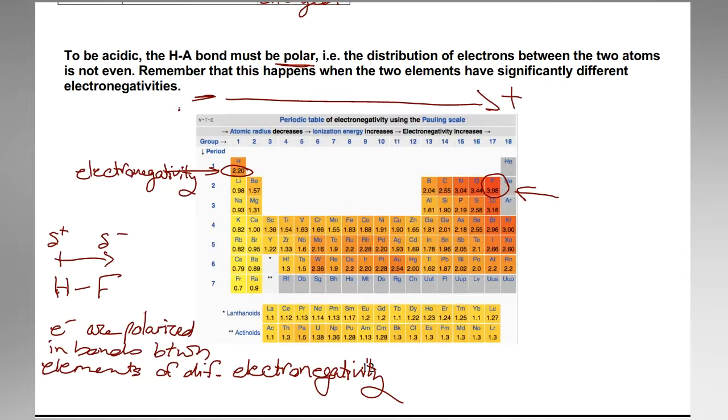And you remember that it decreases from the top to the bottom in the same group in the periodic table. So the electronegativity is lowest at the bottom of the periodic table, highest at the top of the periodic table. It basically follows the same trends that you see for things like ionic radius.